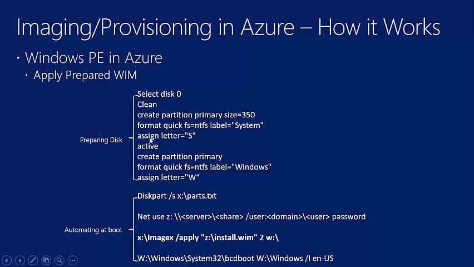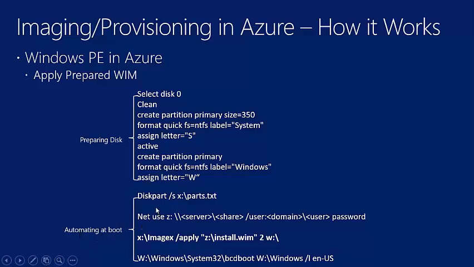So once PE boots, the control is off of the local hard drive. It's in the RAM disk. So now we can run through a diskpart script to prepare that local C drive for imaging, right? And this script basically will take the C drive and clean it and partition it and assign some drive letters and so on.